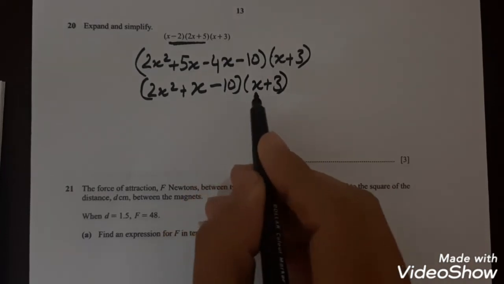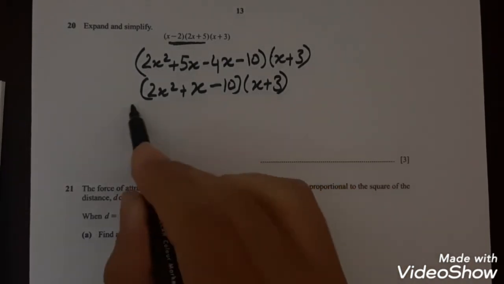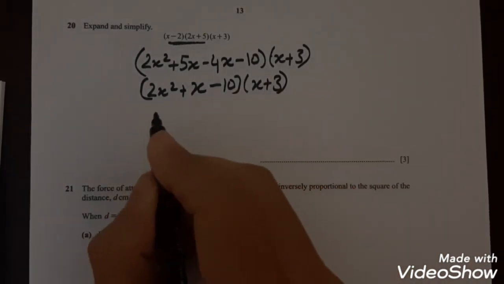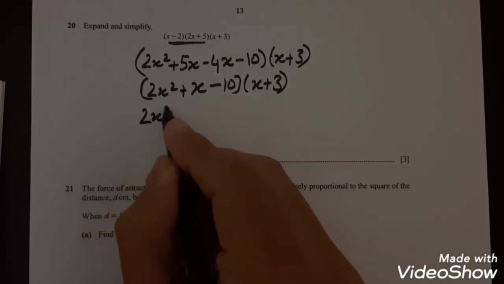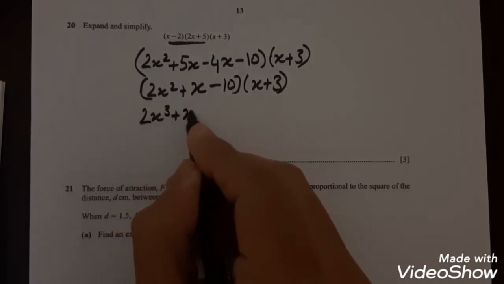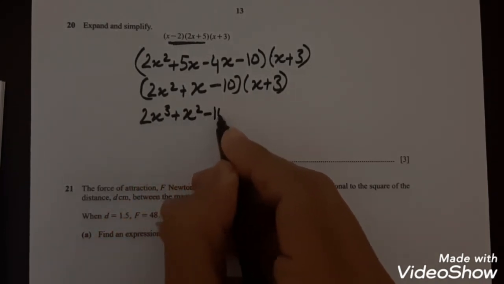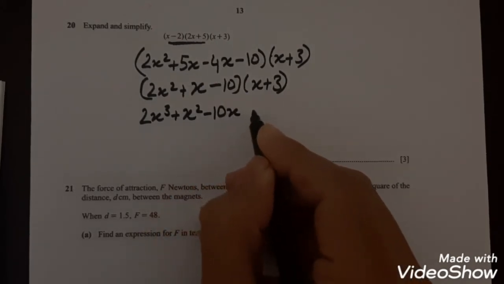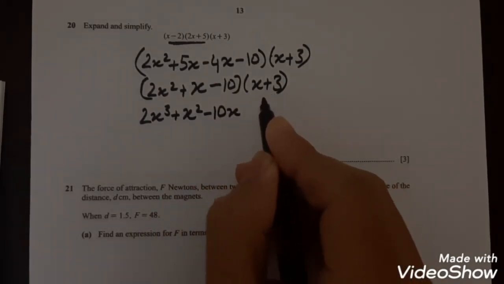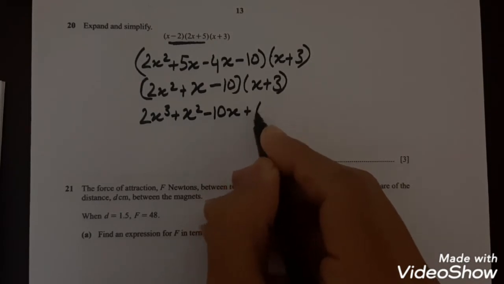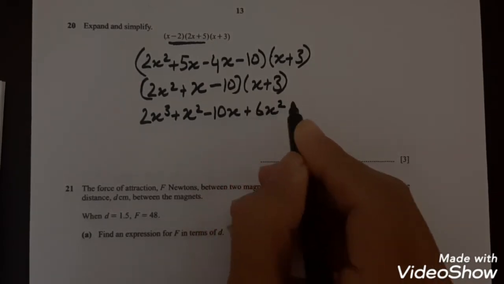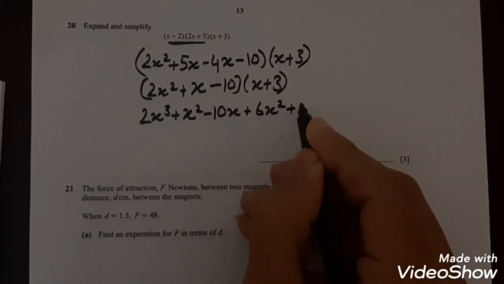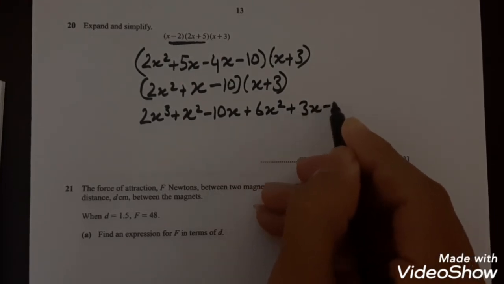So now we will multiply x by each term and 3 by each term and write 2x cubed plus x squared minus 10x, and then with plus 3 we will write plus 6x squared plus 3x and minus 30.